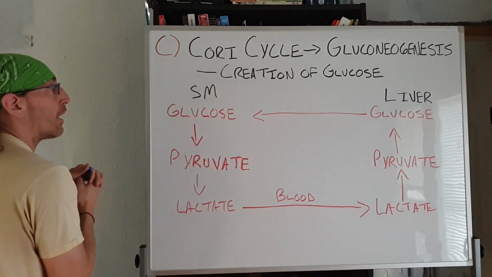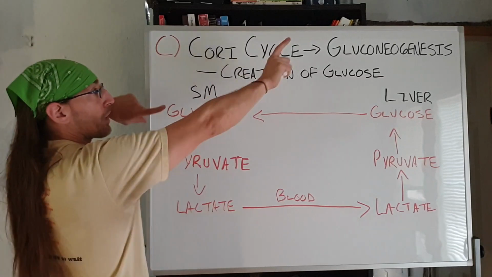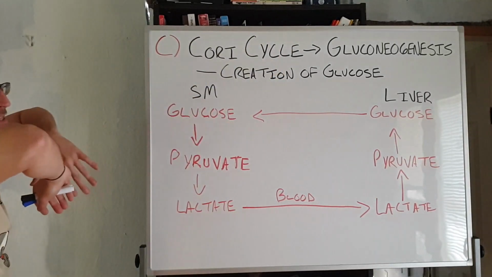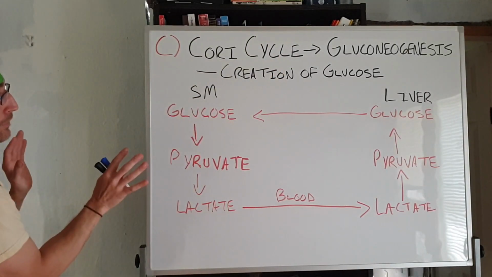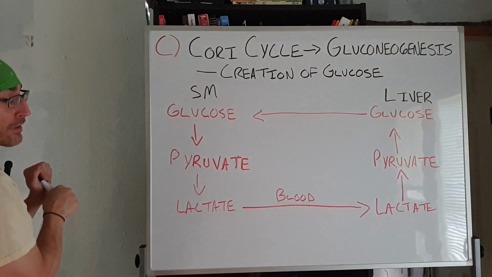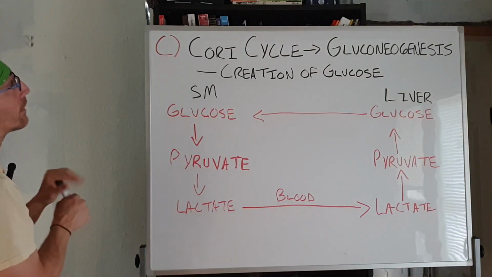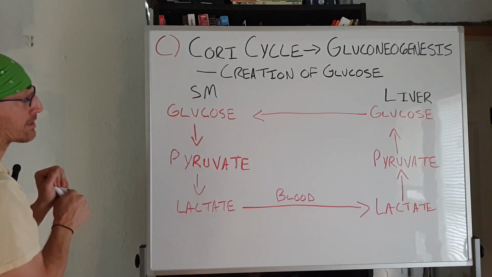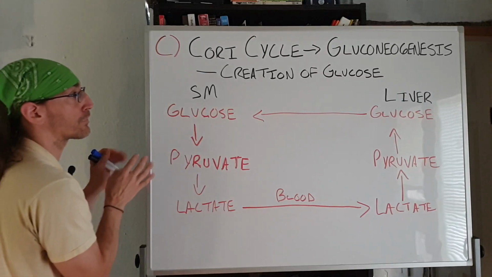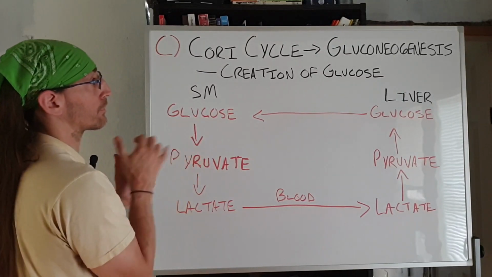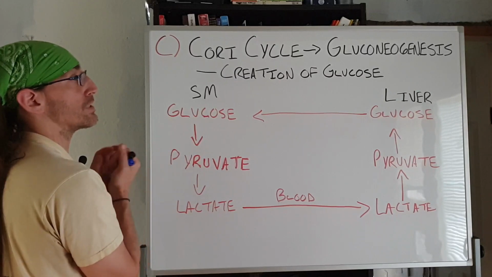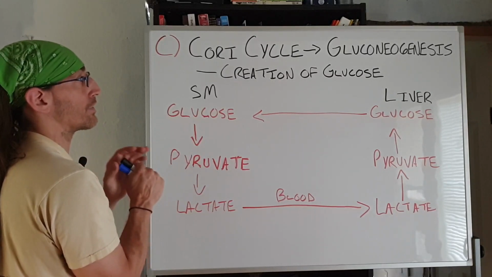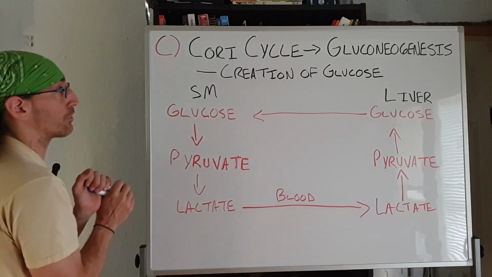So there's a process named the Cori cycle, eponymously named for a married couple and this Argentinian scientist. Anyway, they won the Nobel for it, so it's a big deal.